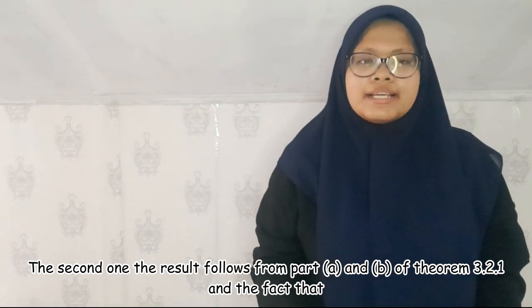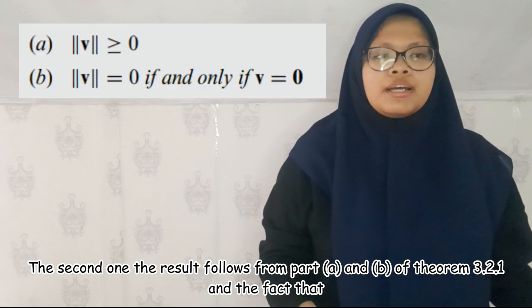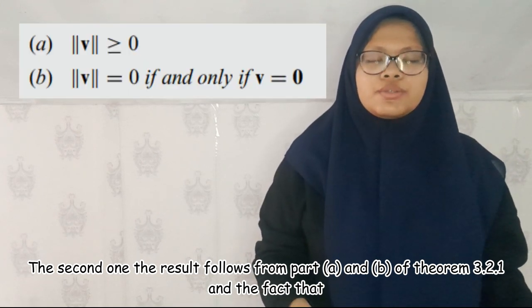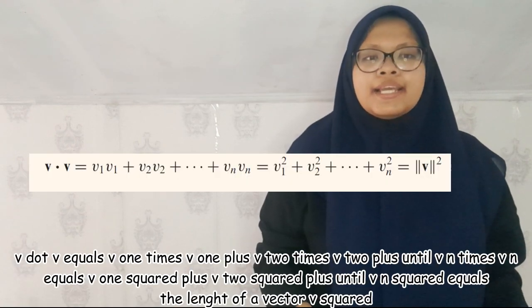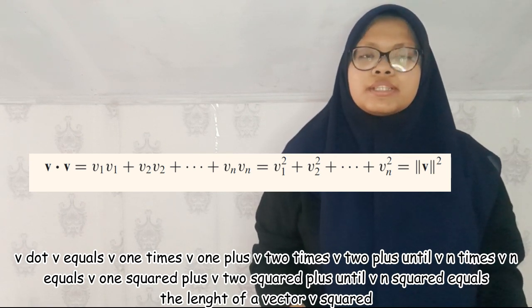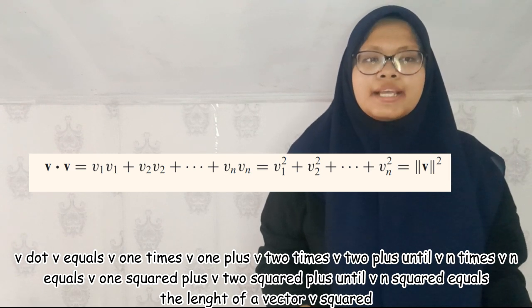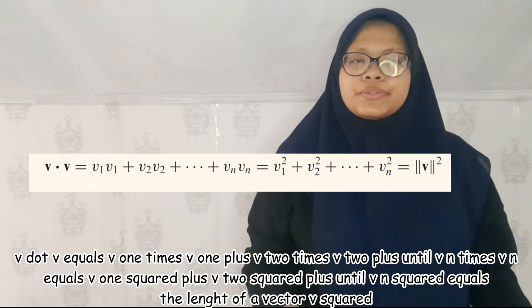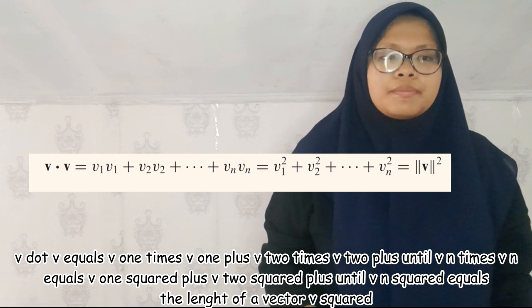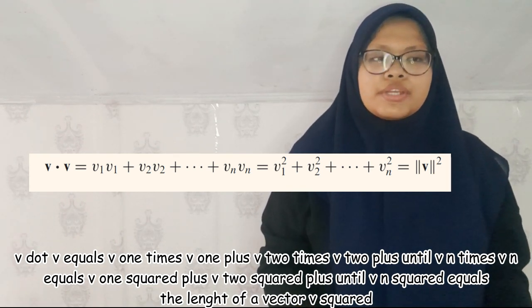The second one, the result follows from parts a and b of theorem 3.2.1 and the fact that v dot v equals v1 times v1 plus v2 times v2 plus until vn times vn equals v1 squared plus v2 squared plus until vn squared equals the length of vector v squared.